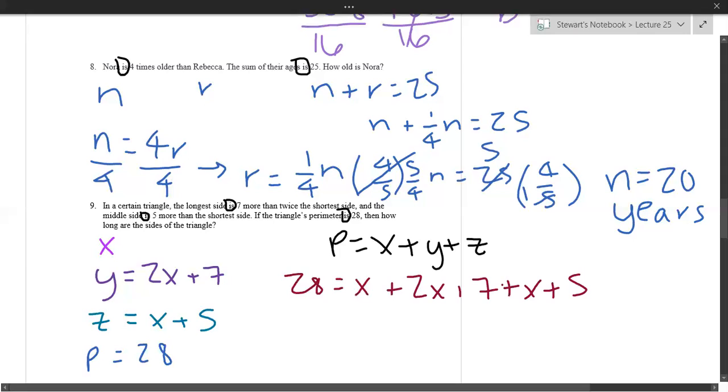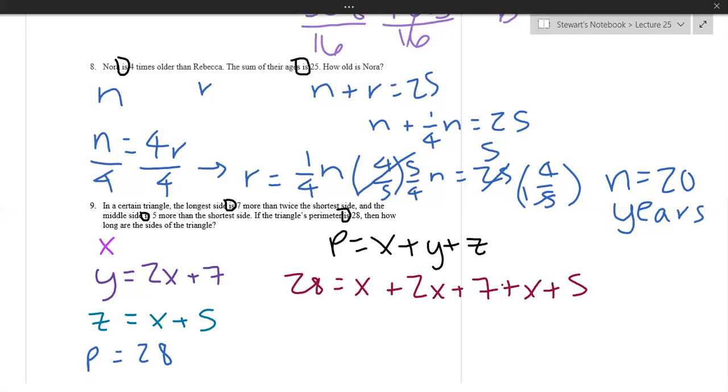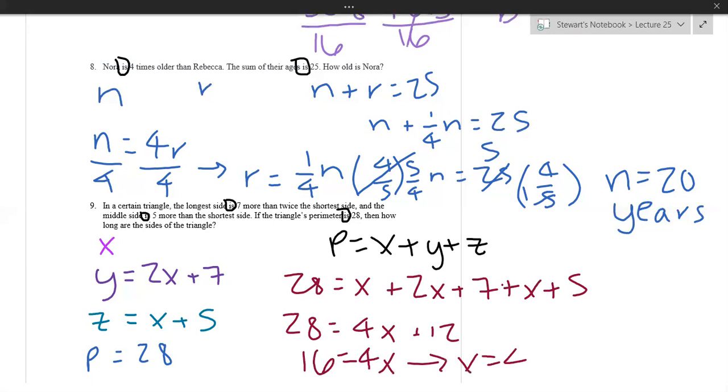Okay, so now that we have this, we can combine like terms. x plus 2x plus x is 4x. And then 7 plus 5 is 12. So if we subtract 12 from both sides to get 4x by itself, we're going to have 16 is equal to 4x, which would mean that x is equal to 4.